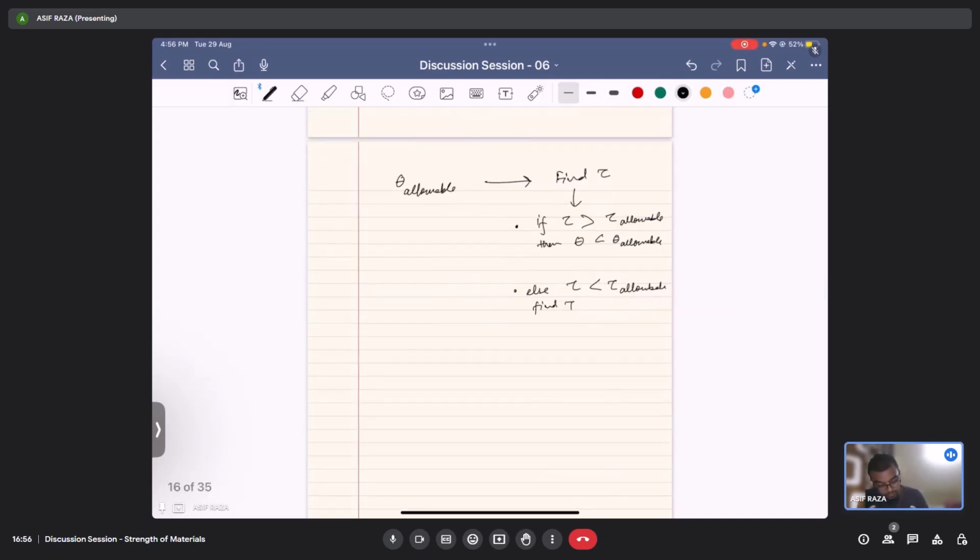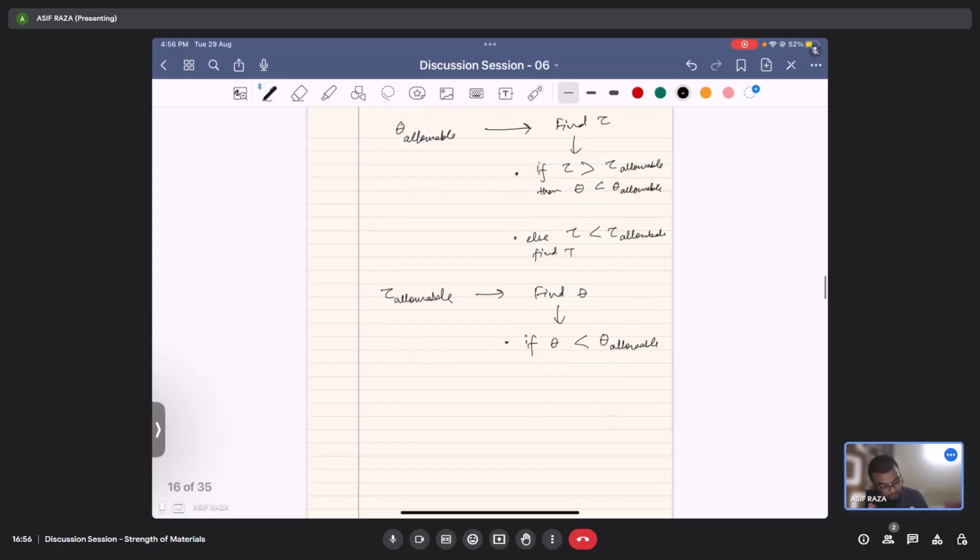Now second, you have to solve it again taking the other way. Use the tau allowable value, find theta, and this theta should be less than theta allowable, then just find T corresponding to this. Else theta would be greater than theta allowable, and that won't give me the correct answer.